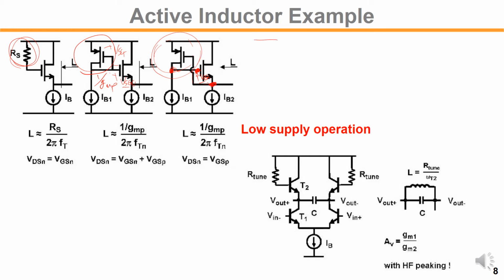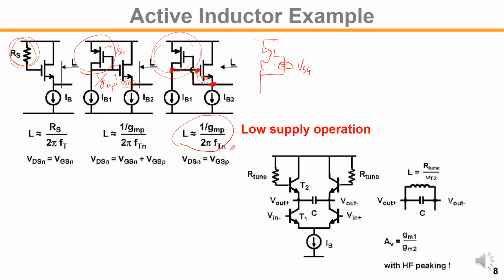We have an additional equivalent diode connection with the voltage drop VSG shown here. In this example, it will also be a similar inductor value, 1 over gmP over 2 pi fT.